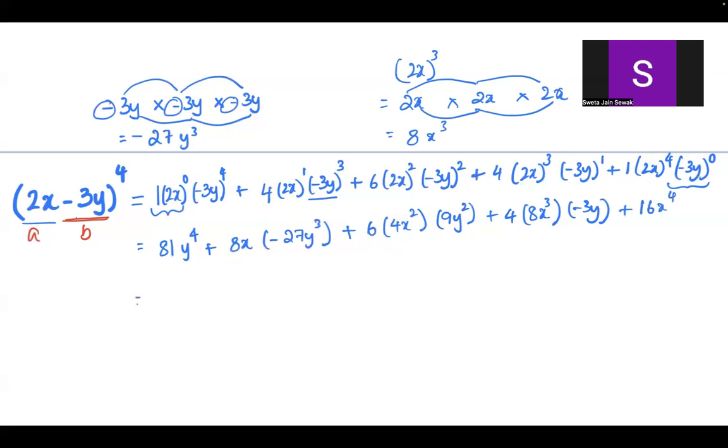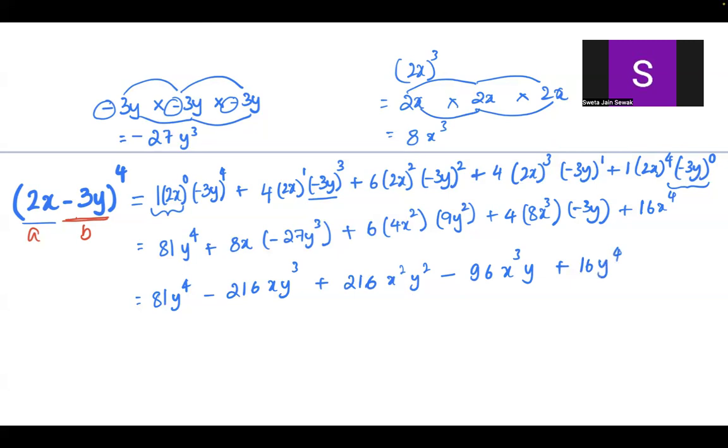So let's just simplify everything. We've got 81y to the power 4 minus 216xy cube plus 216x squared y squared, plus, so this will be negative 96x cube y plus 16x to the power 4.